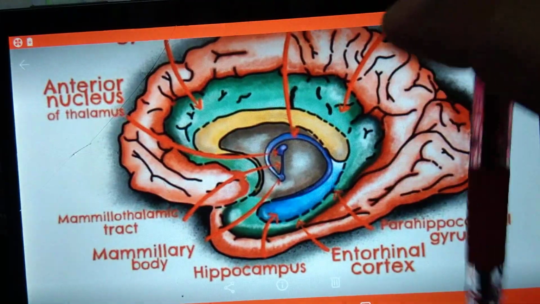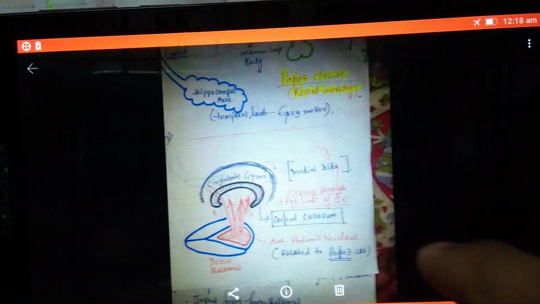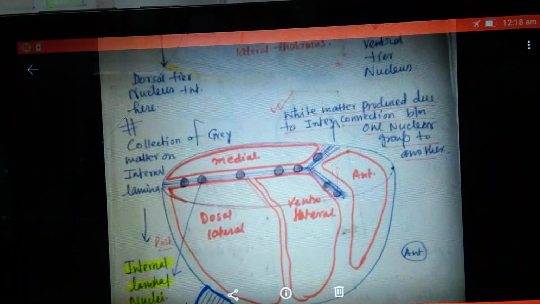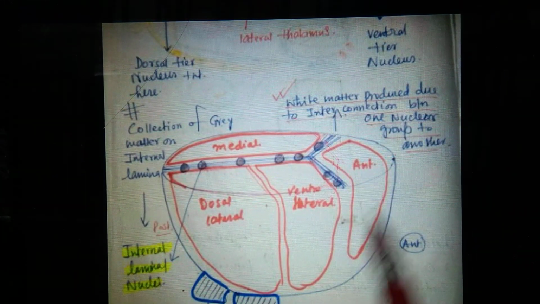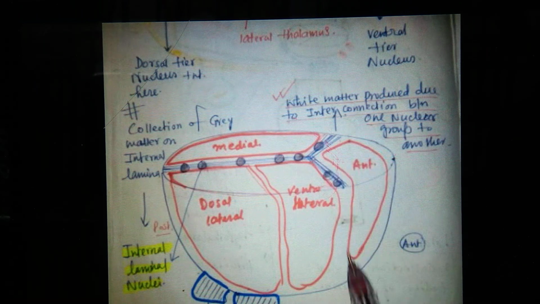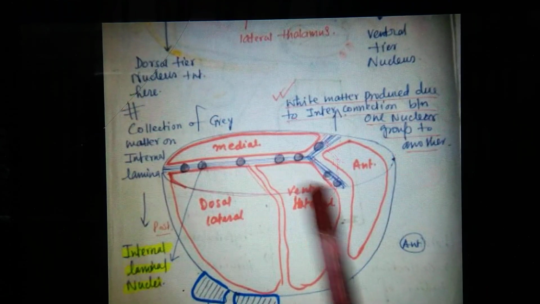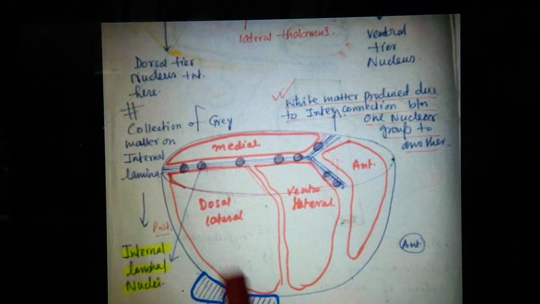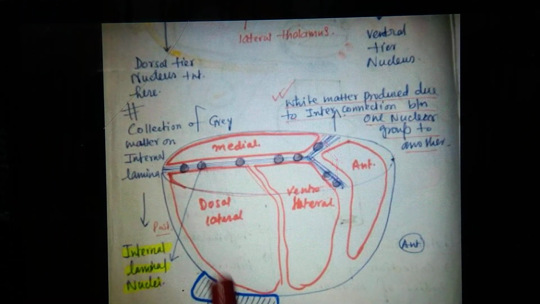Do you know this? This is a schematic representation of the thalamus, and our thalamus contains mainly the anterior nucleus, a group of nuclei located anteriorly called the anterior group of nuclei, and the medial group of nuclei, and then the lateral group of nuclei. The lateral group is also divided into the ventrolateral nucleus and also the dorsolateral nucleus.